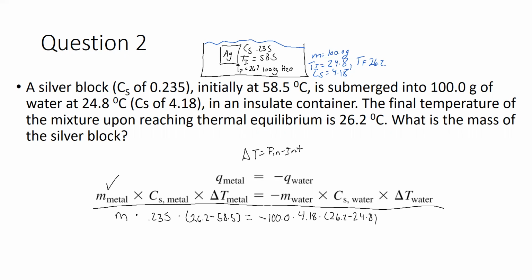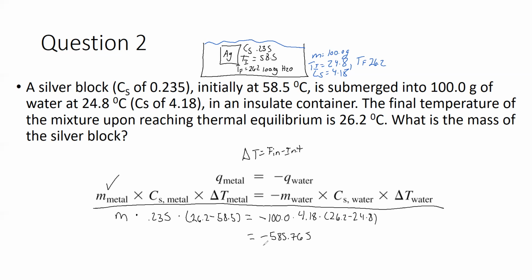And so what I did is I just calculated the water side first. There's a lot of ways to go about solving this equation. So I first did all the calculations on the right, and I got Q of water is negative 585.76. That should be in joules. So that's 100 times 4.184 times this parenthesis.